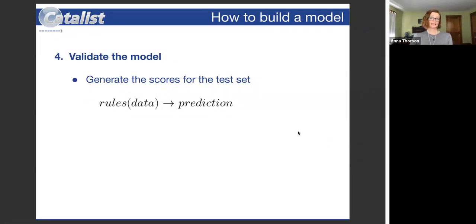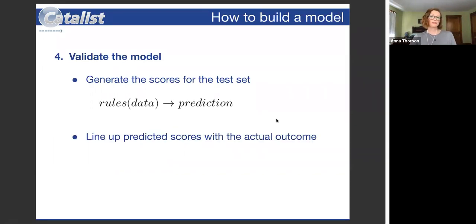So this is that second step of the fake equation thing I showed you earlier. This is where we take our test data, and remember, we're not using the outcome now. We're just taking the input data. We're applying the rules that we generated from our model. We're applying our model now to this data, and it's going to give us a prediction.